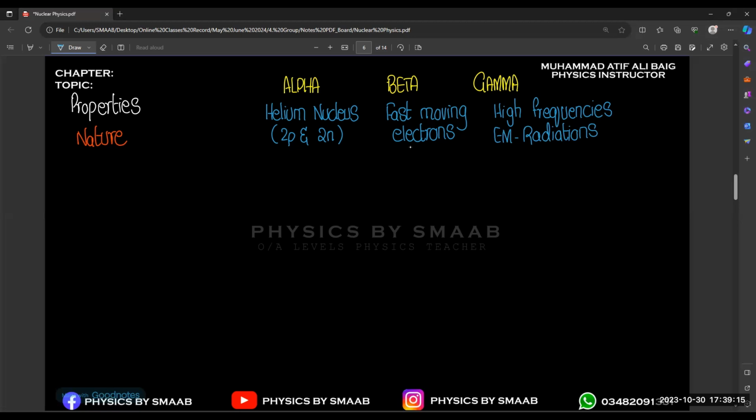And the next property is related to the basic symbol and the nuclear symbol. So the symbol for alpha looks like the sign of directly proportional, right? So this is the sign for alpha particle.